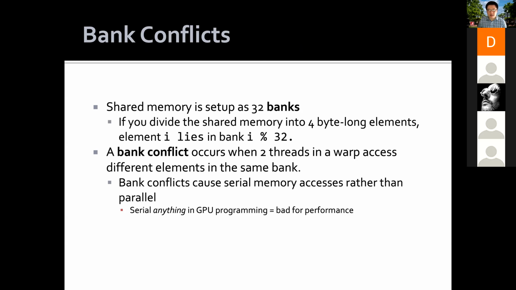If you divide the shared memory into 4-byte long elements, element i lies in bank i mod 32. A bank conflict occurs when two threads in a warp try to access different elements in the same bank. A bank conflict results in serial memory access rather than parallel.